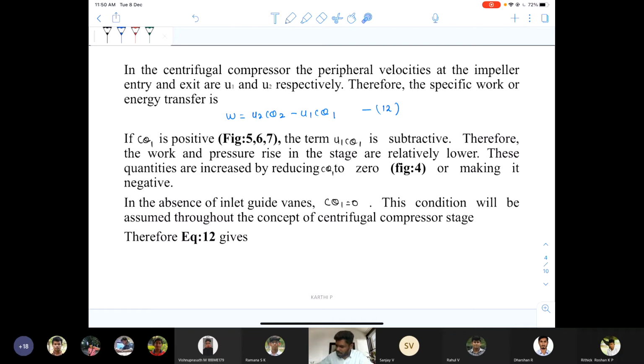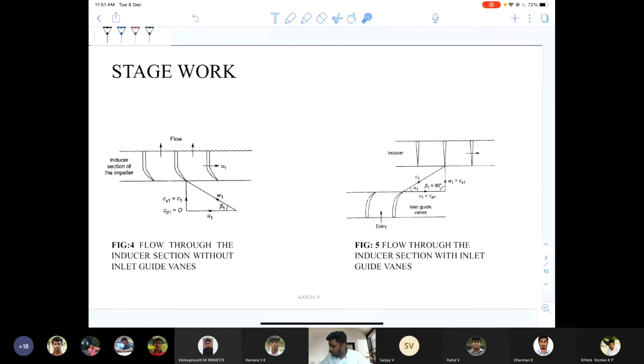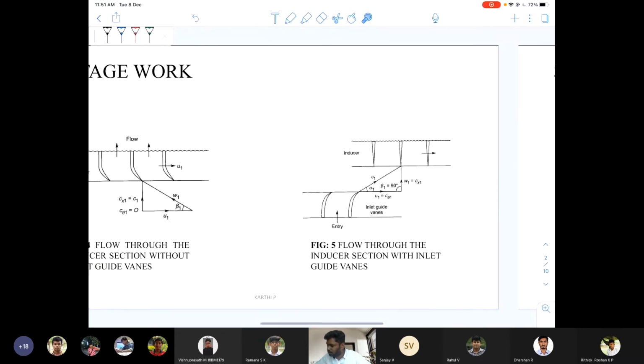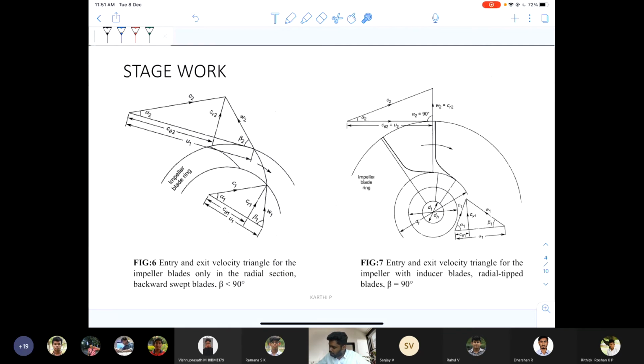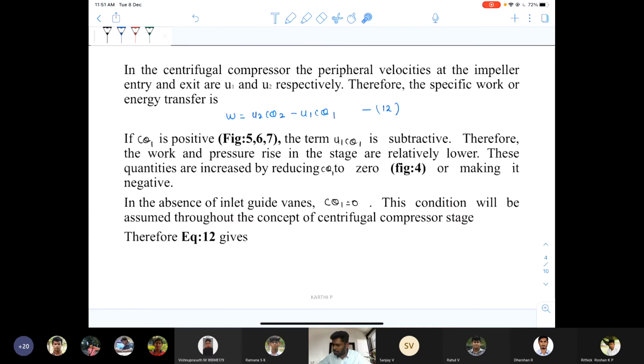If C theta 1 is positive, from figure 5 you can see C theta 1 is positive, and in diagram 6 you can see C theta 1 is positive. Here too C theta 1 is positive, that is, it has a certain positive value.